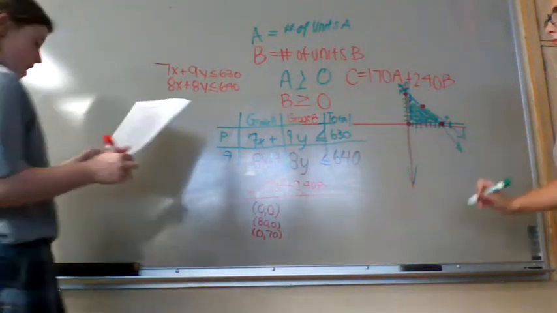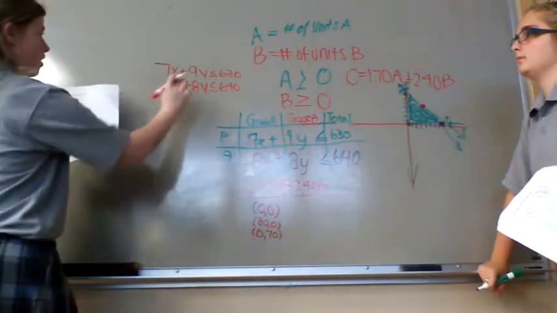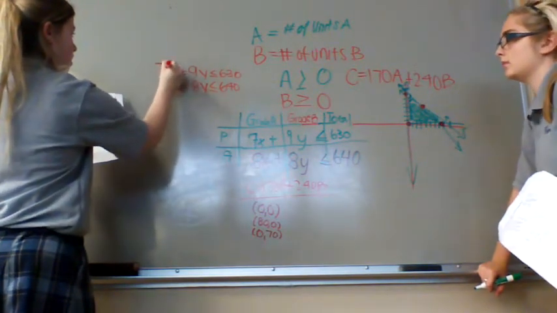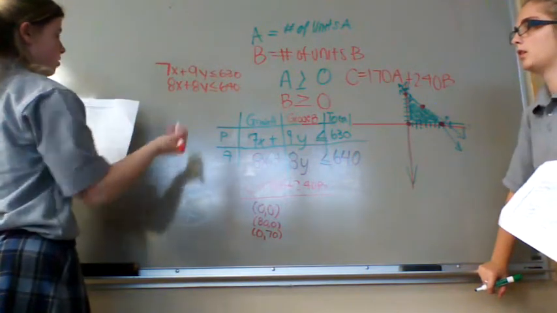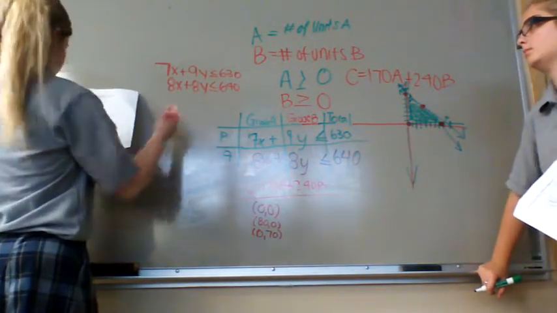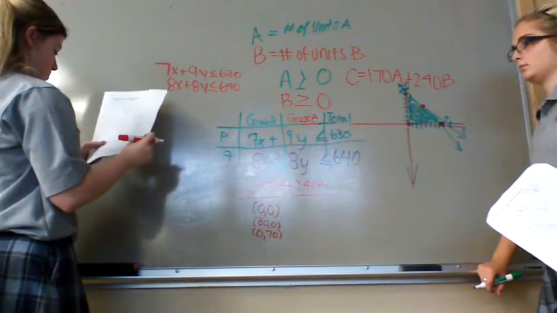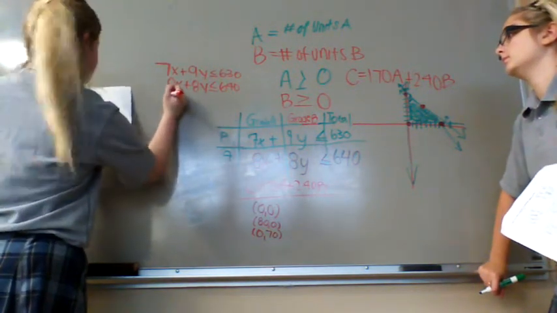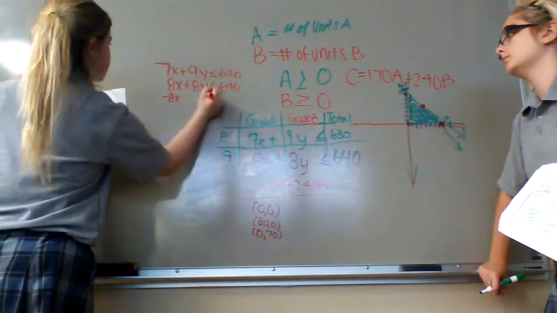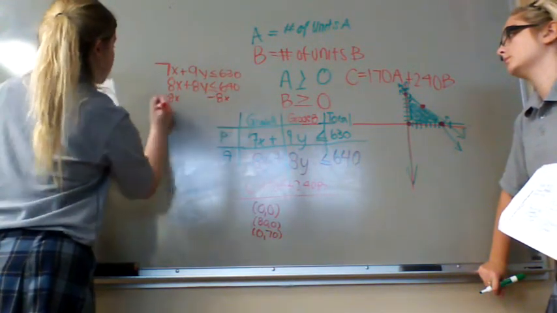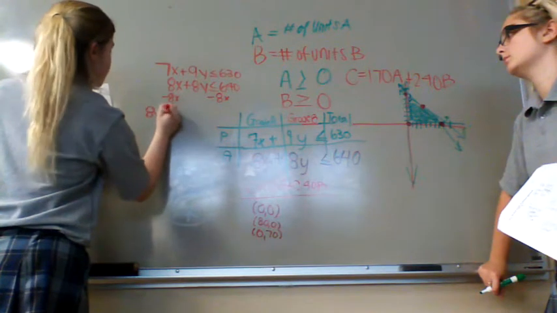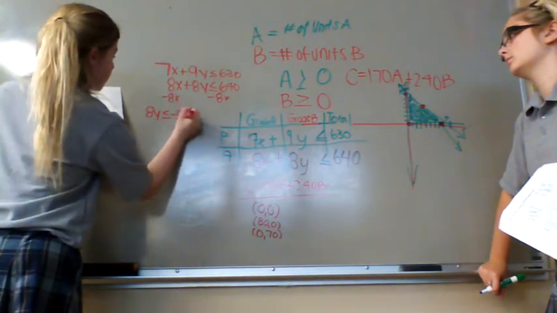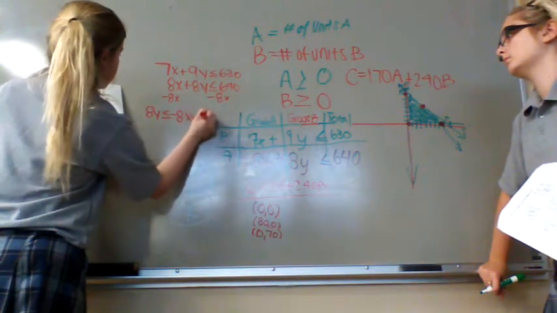To find that, we could just use substitution. So what we did is we took the bottom equation, we subtracted 8x over, and we got 8y is less than or equal to negative 8x plus 640.